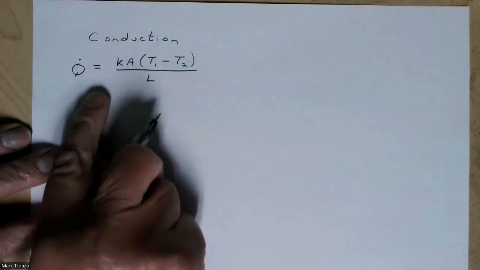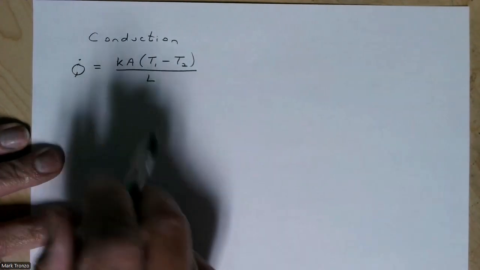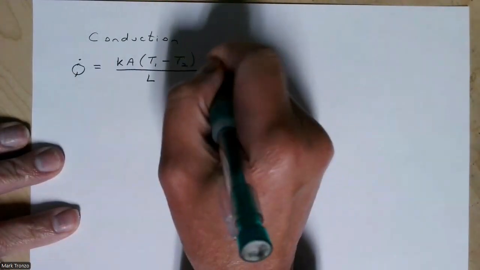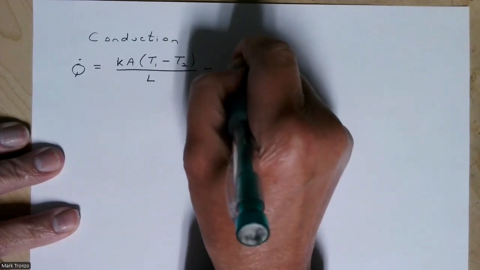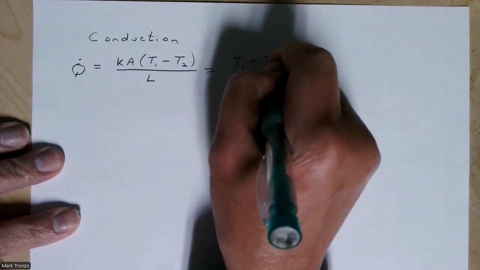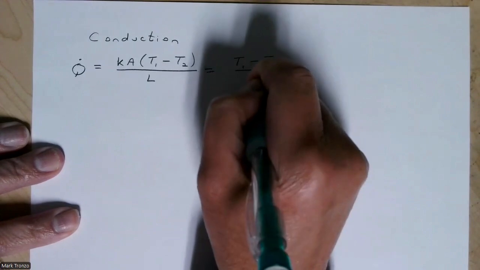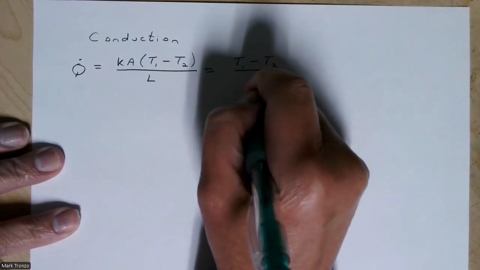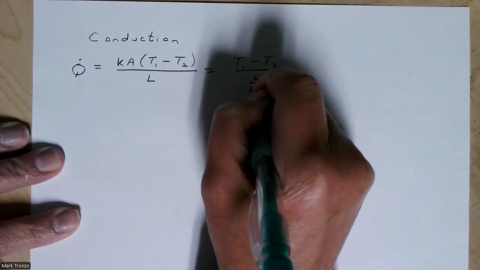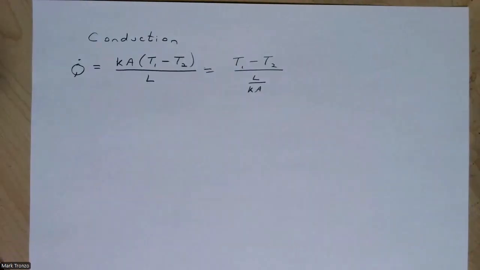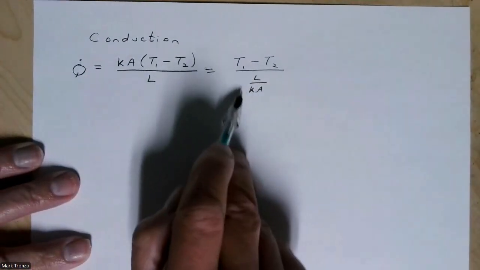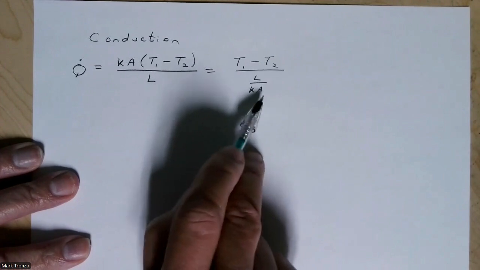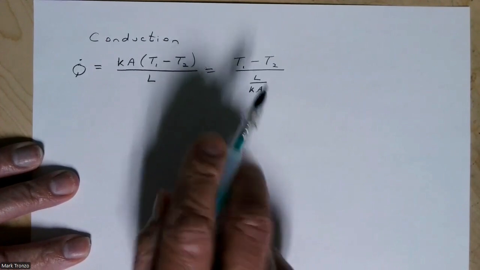And also remember when we talked about conduction, we said that this equation could be rewritten like this. And we could think of this being like some kind of resistance to the heat transfer.